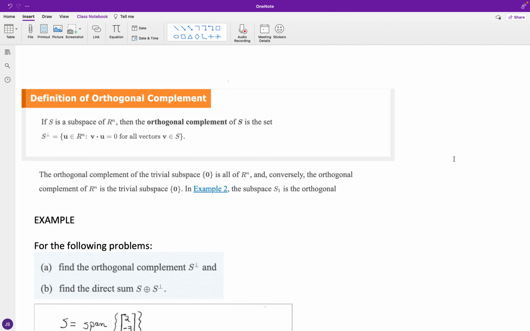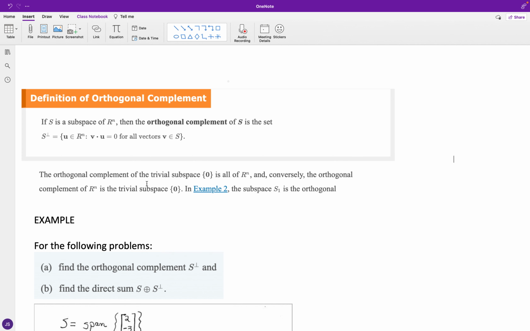If S is a subspace of Rn, then the orthogonal complement of S is going to be the set of vectors u in Rn where the dot product of u and v is equal to 0 for all vectors v in the subspace S.